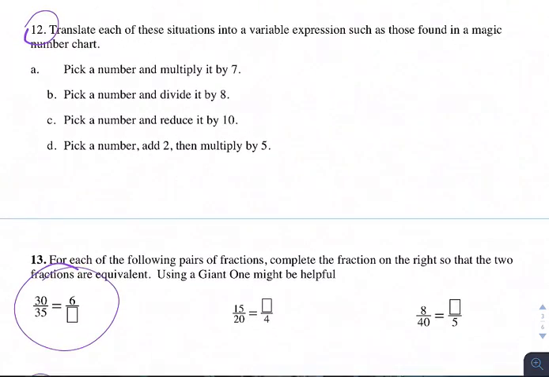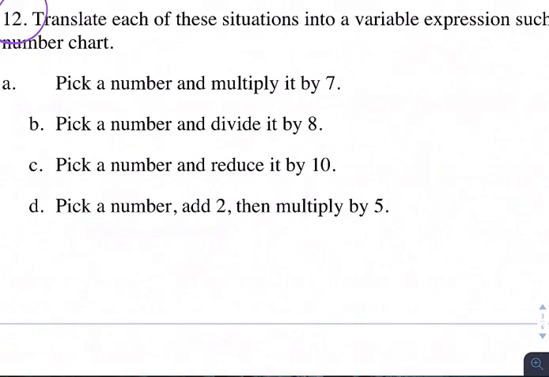All right. Number 12, it says translate each of these situations into a variable expression such as those found in a magic number chart. Okay, so pick a number and multiply it by 7. Pick a number would be x, multiply it by 7 would be times 7, and this is why we don't use x's as multiplication anymore, because it looks like x, x, and 7.